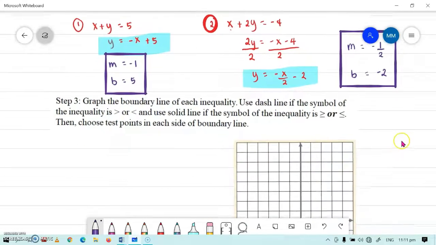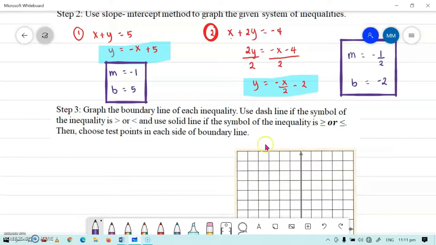We'll proceed now to step 3. For step 3, we need to graph the boundary line of each inequality. Use a dash line if the symbol of the inequality is greater than or less than, and use a solid line if the symbol is greater than or equal to or less than or equal to. Then choose test points on each side of the boundary line.